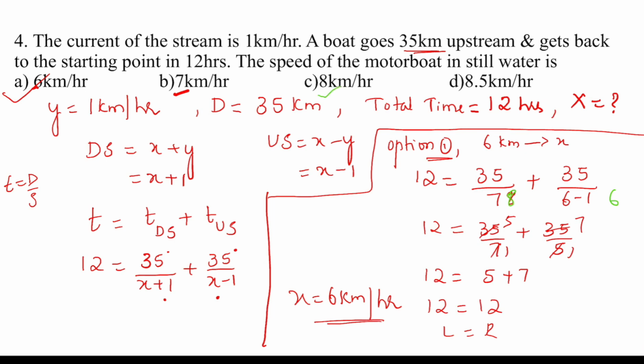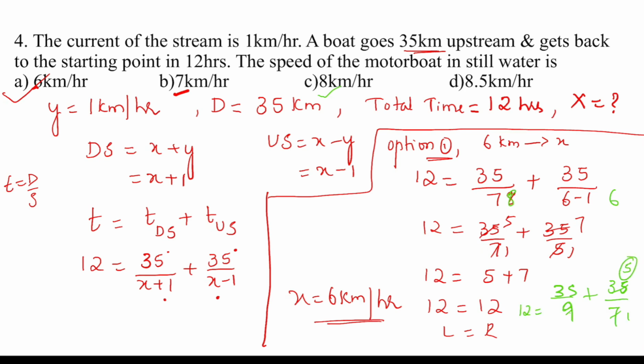Now take 8 and see what it would be. 35 divided by 8 plus 1 is 9, 35 by 9 we would get, plus 35 by 8 minus 1 is 7. So here we will get 7 fives are 35, but here it will give us a decimal point. But on the LHS side it was 12, isn't it?